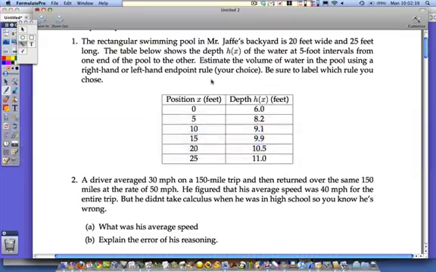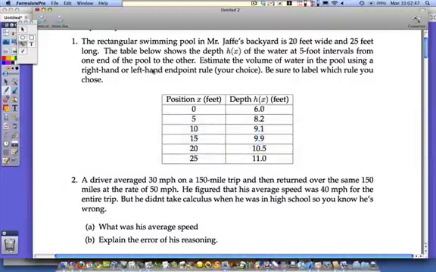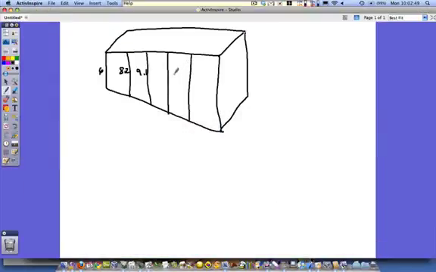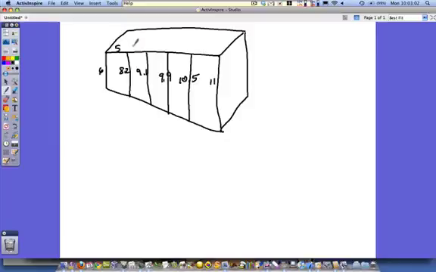Okay, now we'll put the dimensions in here. 6, 8.2, 9.1, 9.9, 10 and a half, and 11. Okay? And each one of these intervals then is how far apart? 5 feet apart. So each one of these interval widths is 5 feet apart.